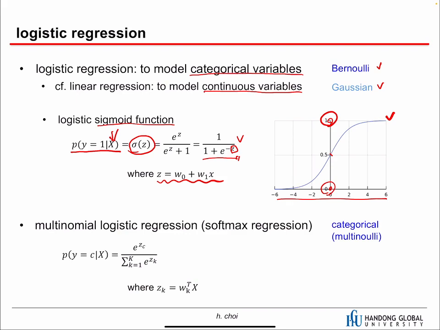Okay, and then what about multi-classes? So we can apply multinomial logistic regression. Maybe you might have heard about the softmax from deep learning or neural networks. Okay, so when we have many classes, then we use a softmax. In this case, we are interested in the probability of y when y is c.